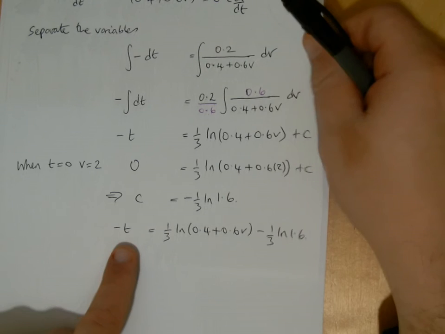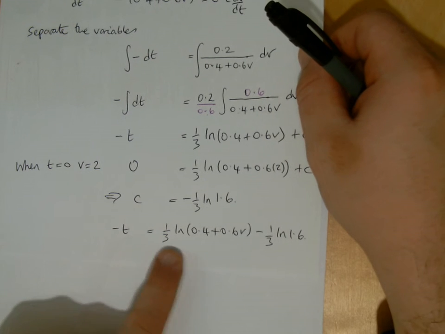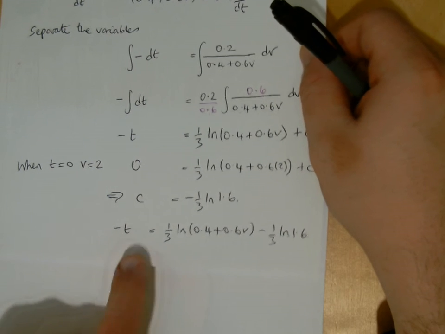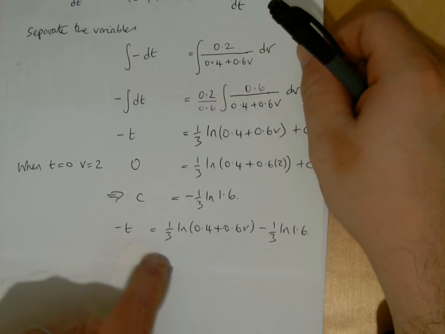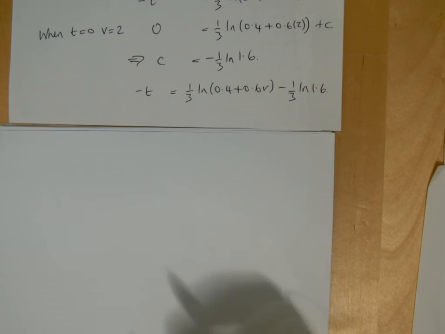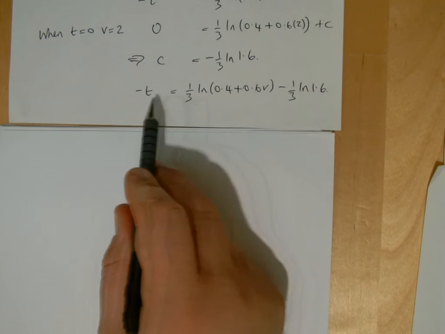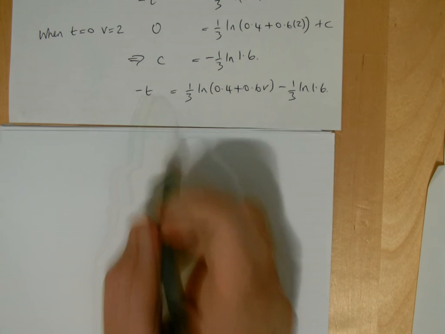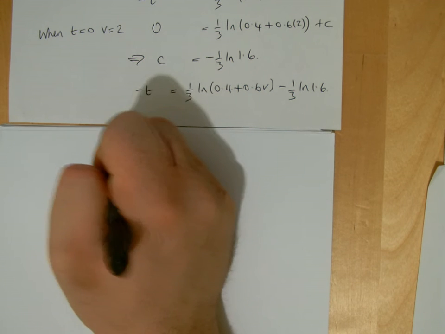So I pretty much have my t equals here. I can do a little bit of tidying up, but I have the t in terms of v, and I can then work out how long it takes, the value of t for it to come to rest. To tidy this up, because that's minus t, I'll change the signs.